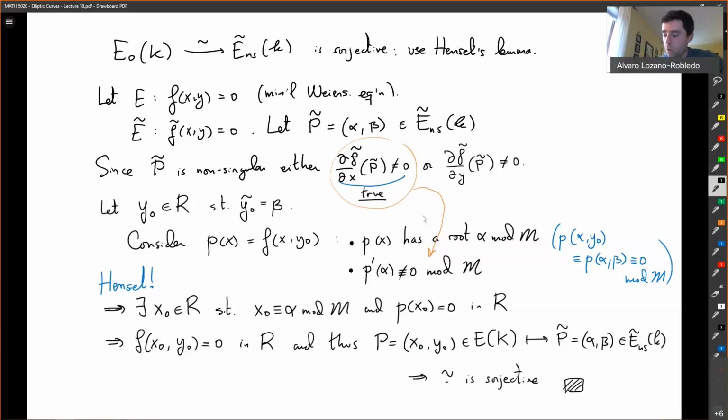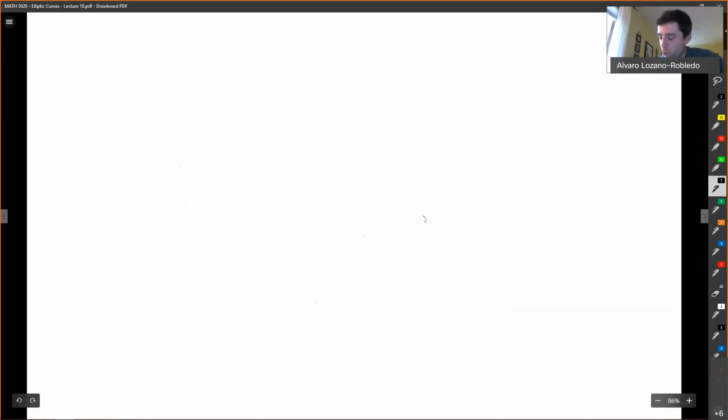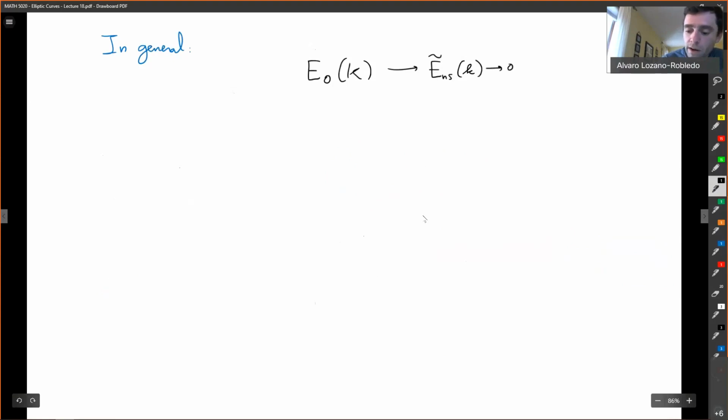Okay, so what we've proved is that in general, E naught of K maps to E twiddle NS of k, and then we have the points that map to O injecting there.